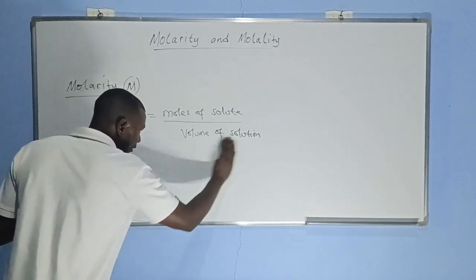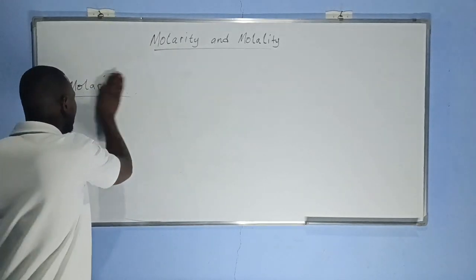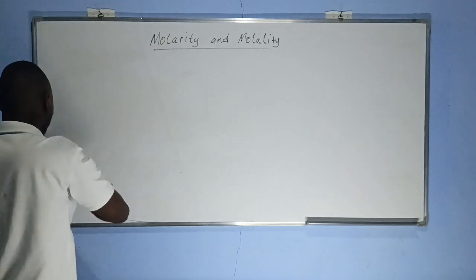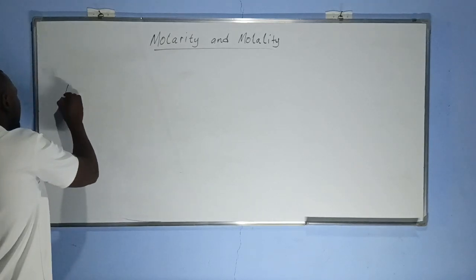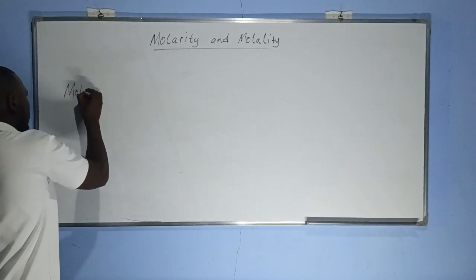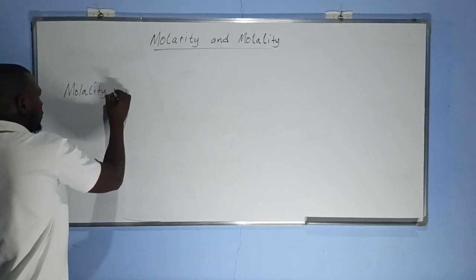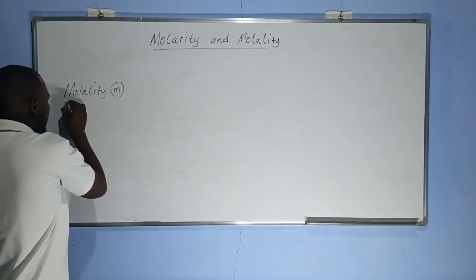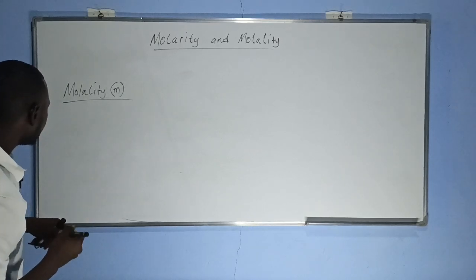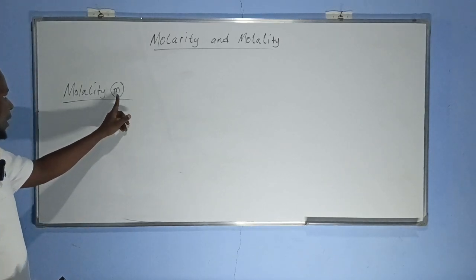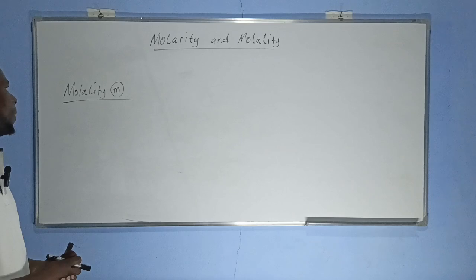Molality, just like molarity, is also a form of concentration. Now, this concentration is represented by small letter m.